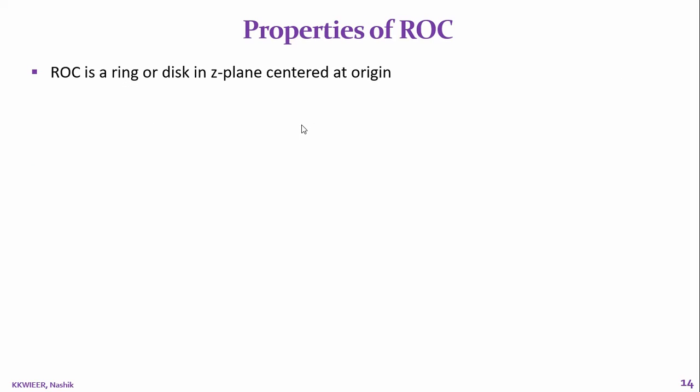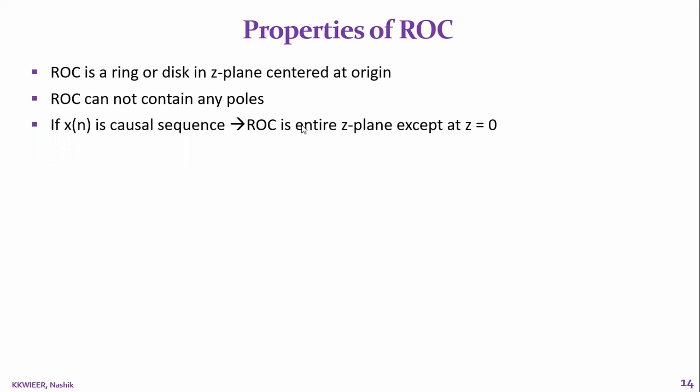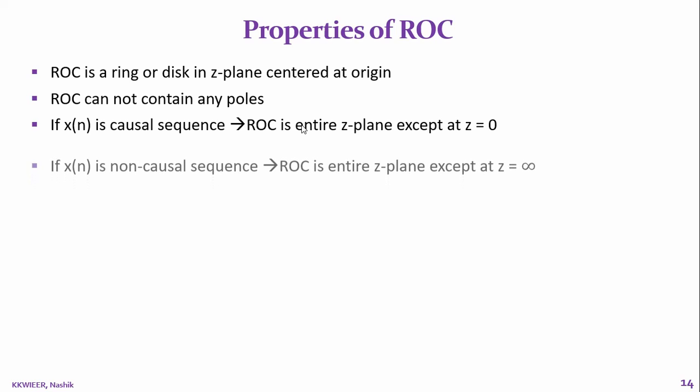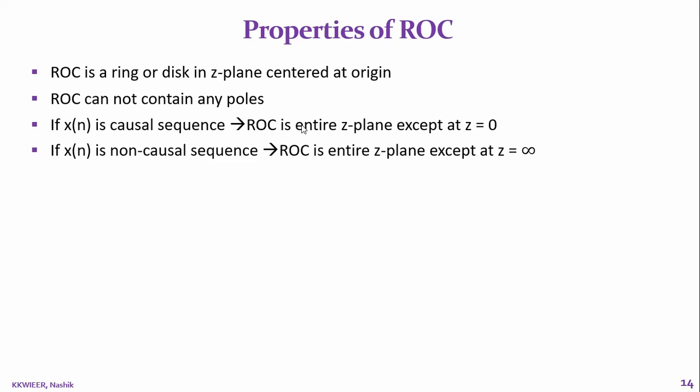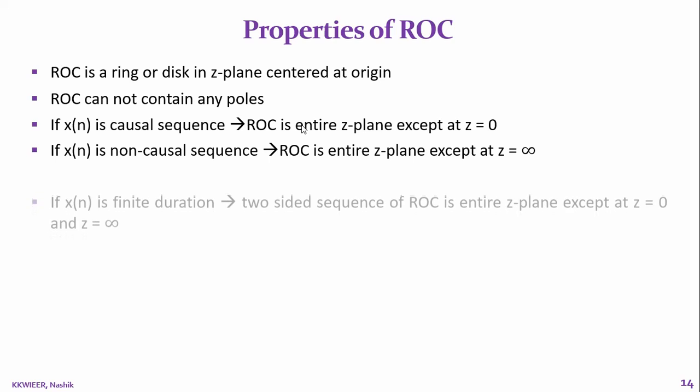Now what are the properties of ROC? So ROC is a ring or a disk in the z plane centered at the origin. ROC cannot contain any poles. If x of n is a causal sequence, ROC is the entire z plane except z equal to 0. If it is a non-causal sequence, ROC is the entire z plane except at z equal to infinity.